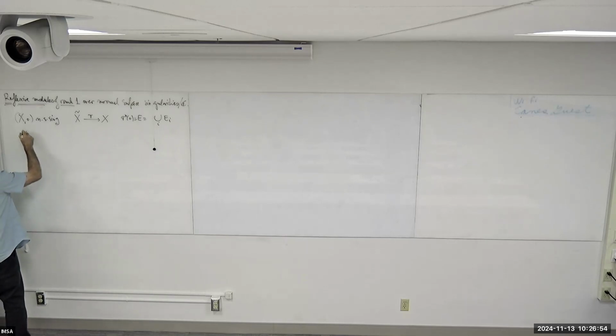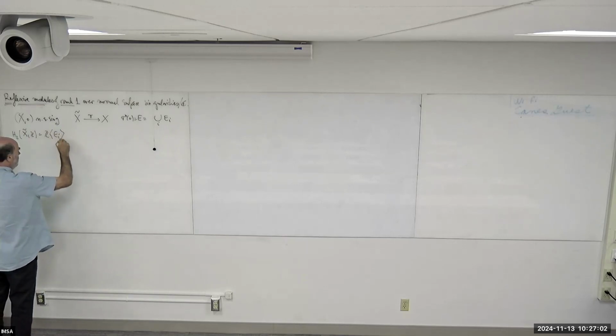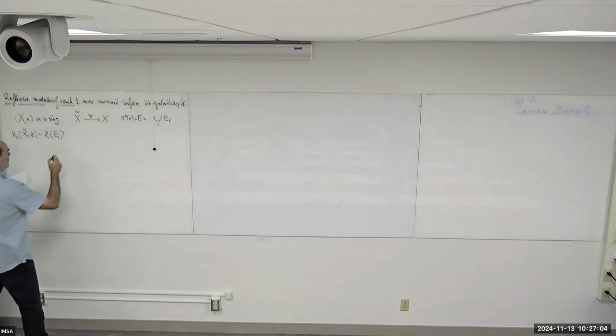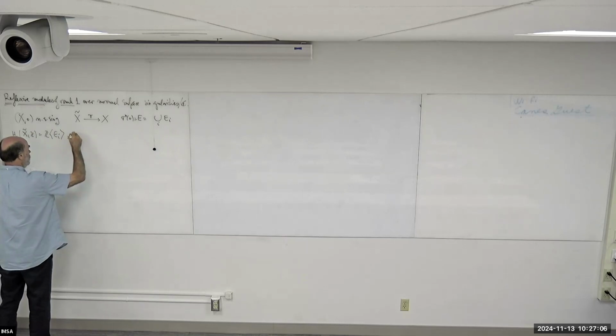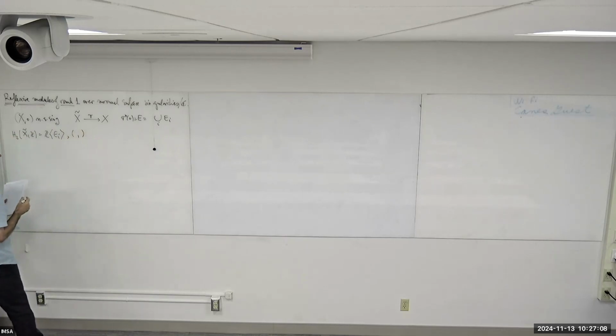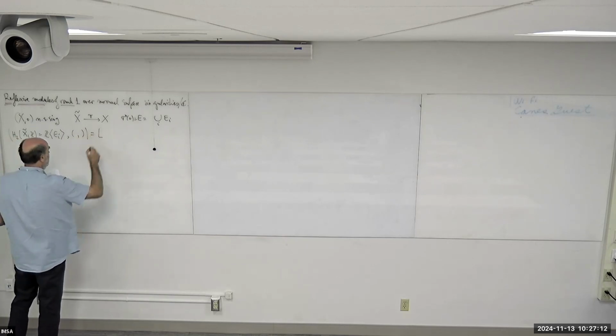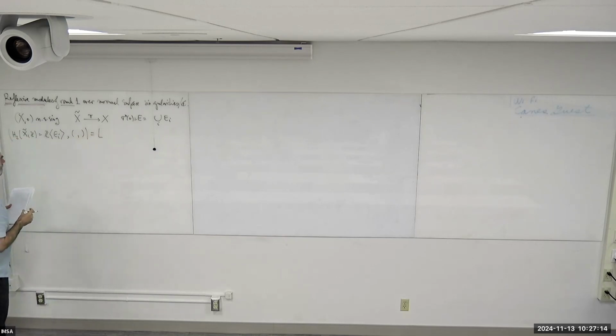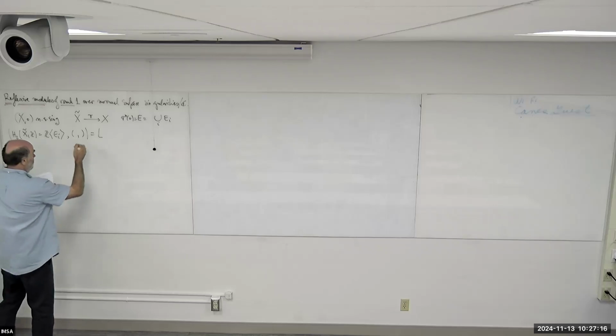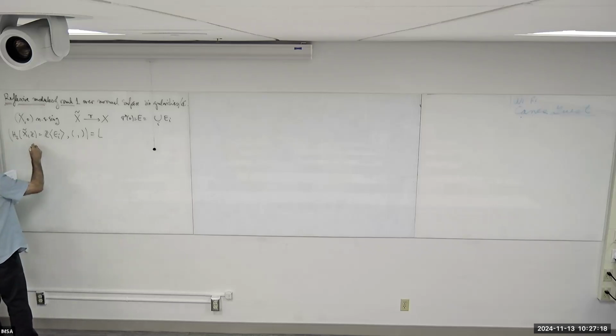And I need two lattices. One of them: if I consider H2 of the resolution, that is generated by these classes of the exceptional curves. And this also has a negative definite intersection form. That will be denoted by L. And also, using this intersection form, I will have the dual lattice.